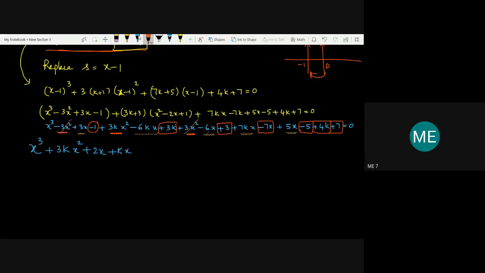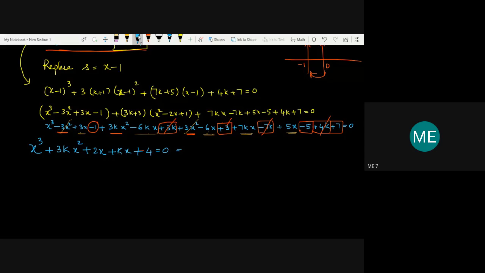So if you look at the k terms, plus 3k minus 7k will become minus 4k, minus 4k plus 4k will become 0. So k terms are not there. So I can cancel out these. Now minus 1 plus 3 is plus 2, plus 2 minus 5 is minus 3, minus 3 plus 7 will become plus 4. So I'll write plus 4 equal to 0.